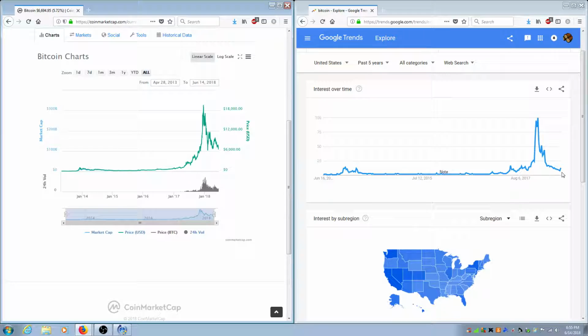Now, the other way, and it's almost what we see happen this week, is something really negative about Bitcoin is now bringing the interest back up. So even though this is just a minuscule spike relative to where it was, at least it's going up. None of these have gone up since Christmas.